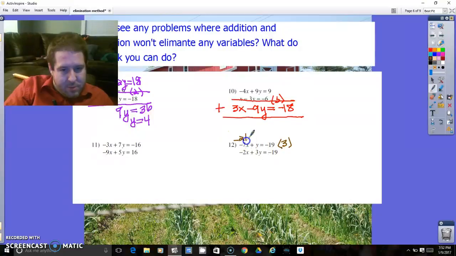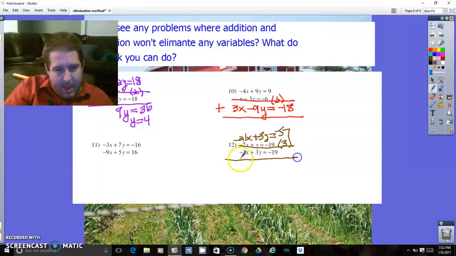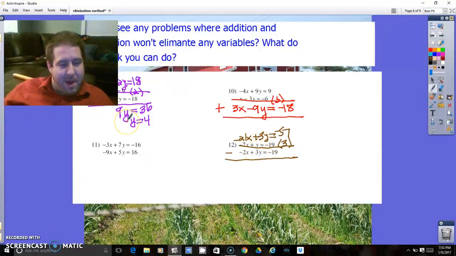So this becomes negative 21x, this becomes 3y, and this becomes, let's see, 19 times 3, negative 57. Then I can cross this off and I can subtract because these coefficients are the same and they have the same sign in front of them, so anything minus itself is 0.